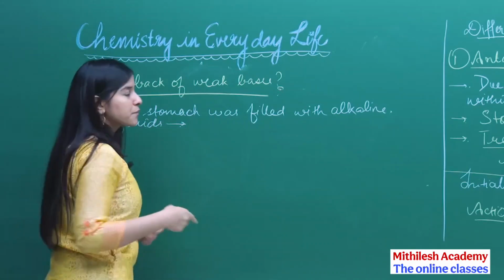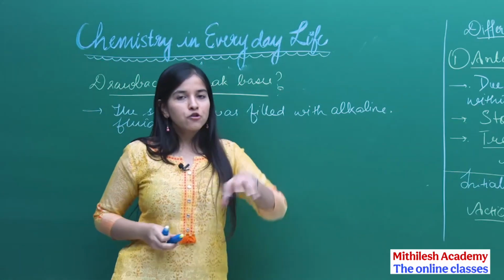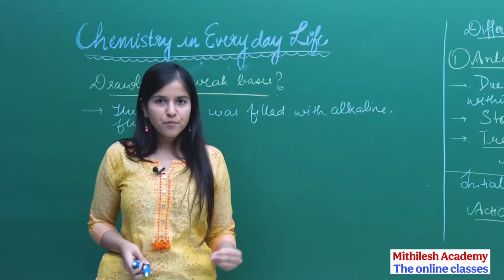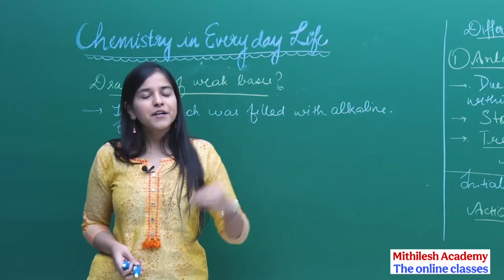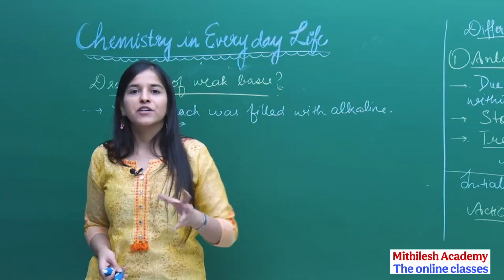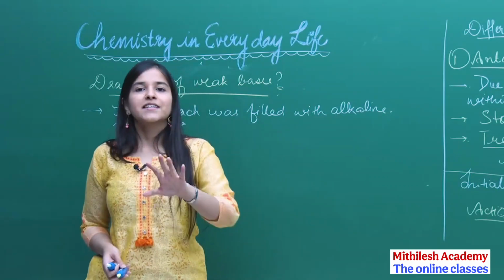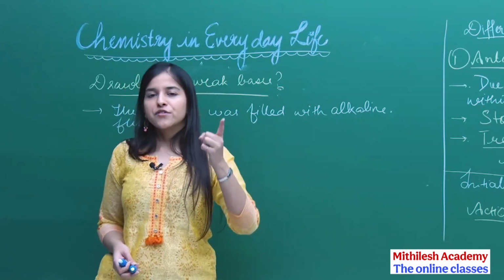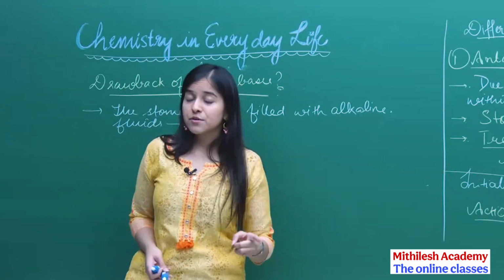thereby making what? Now the reaction has been made alkaline. The stomach would now try to secrete more and more hydrochloric acid in order to reverse that reaction. That is nothing but the Le Chatelier principle. I hope you are trying to recall what the Le Chatelier principle is.